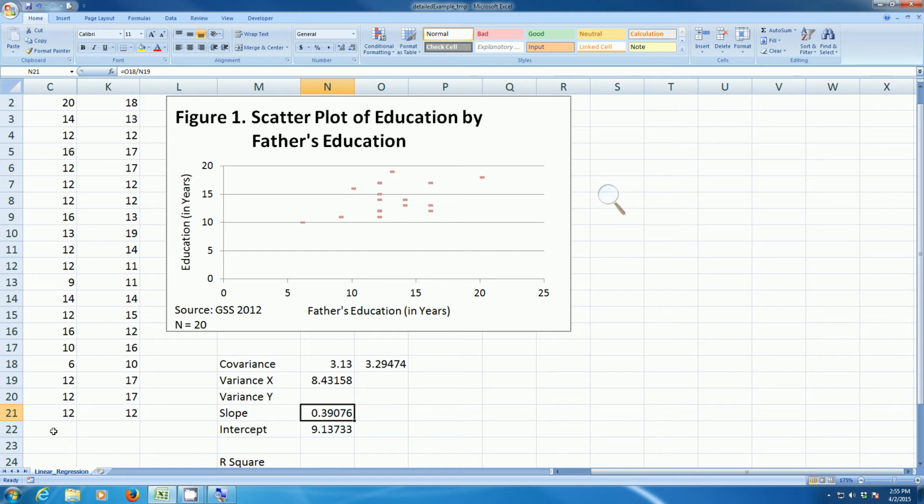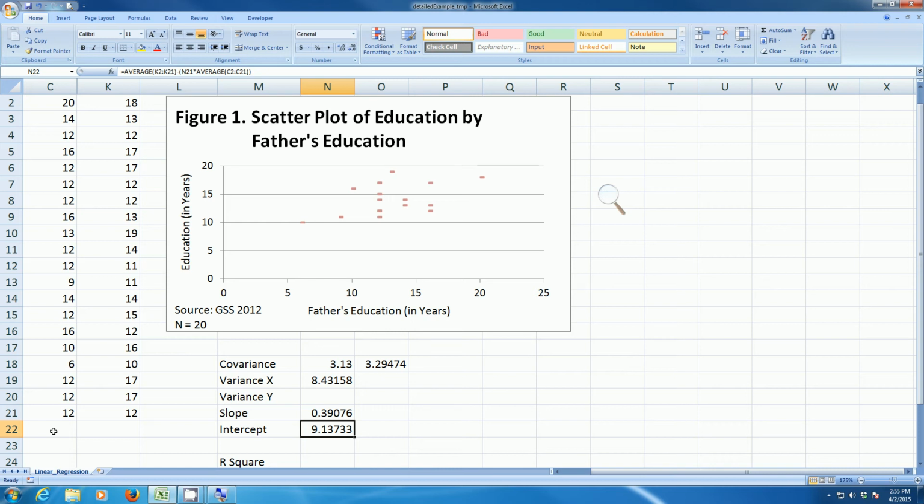So every year increase in father's education yields a 0.39 increase in the predicted value of the response education. And then the intercept is the predicted value of the response education when father's education is set to 0. So for someone who has a father's education of 0, that person is predicted to have a little over 9 years of education, 9.14 years, let's say, if we round it.